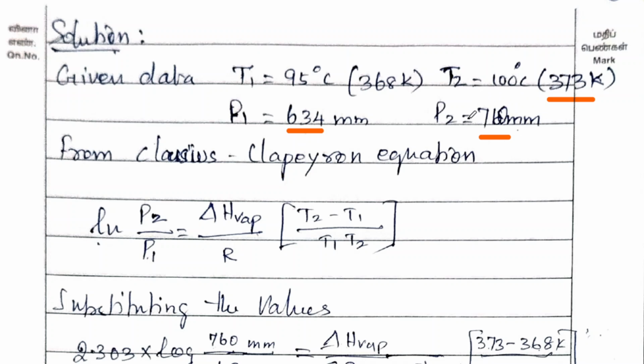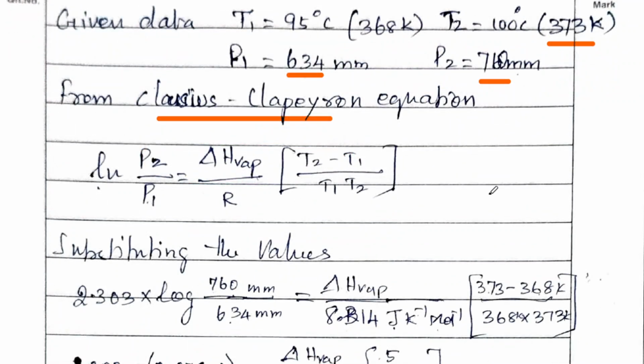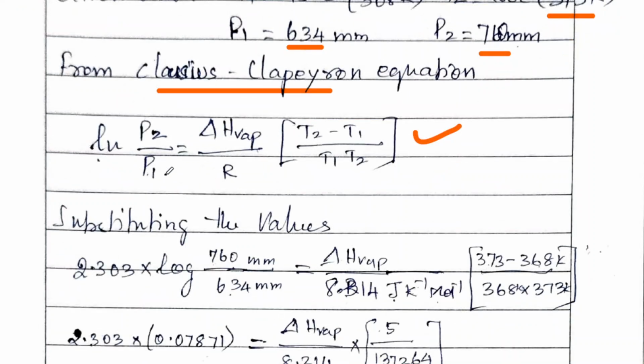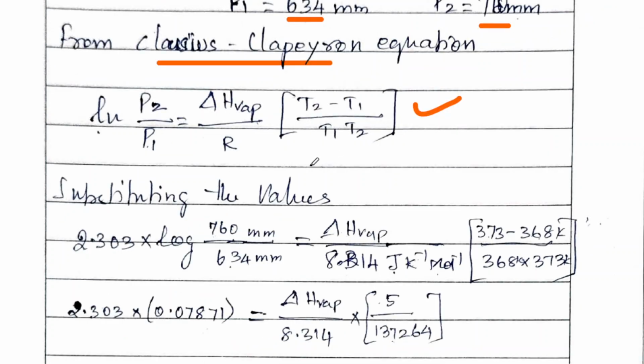We will use the Clausius-Clapeyron equation to solve this. The Clausius-Clapeyron equation says ln P2 by P1 is equal to delta H of vaporization divided by R into T2 minus T1 divided by T1 T2. You can see a slight modification in the equation.